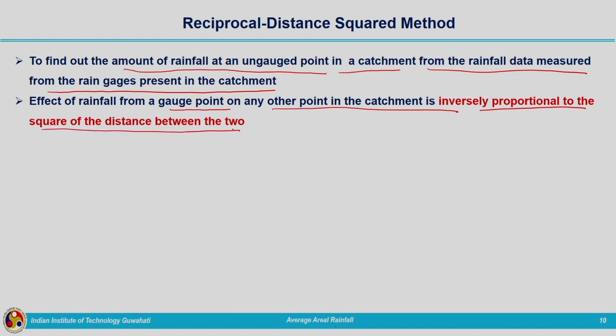That is, we have a particular point which is ungauged, and at another location we have a rain gauge present. We have points represented by a Cartesian coordinate system. You can consider point X1 and point X2. X1 is represented by (x1, y1) and X2 has coordinates (x2, y2). How can we determine the distance between these two?